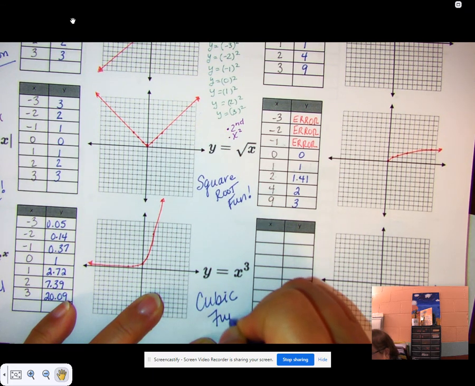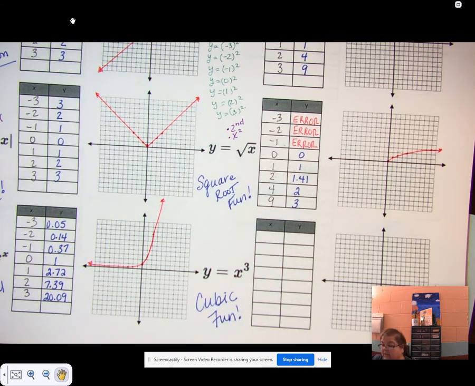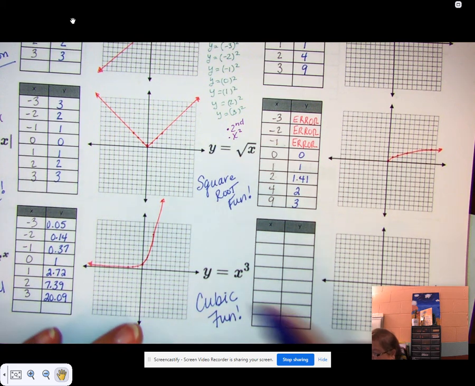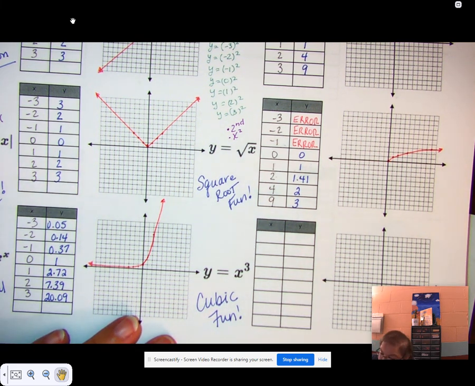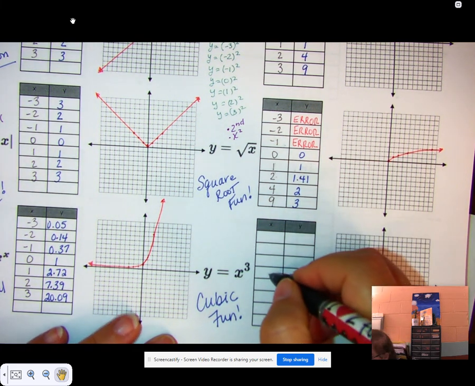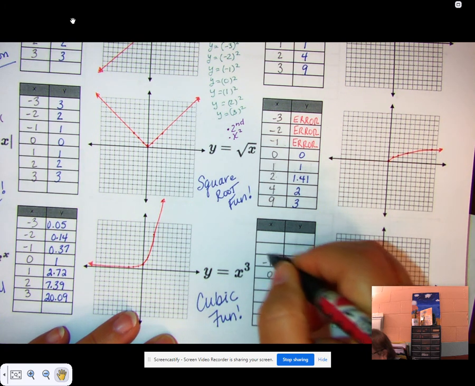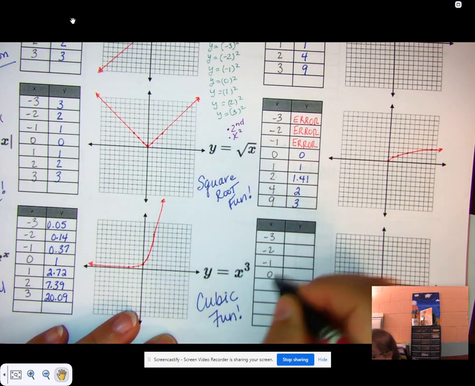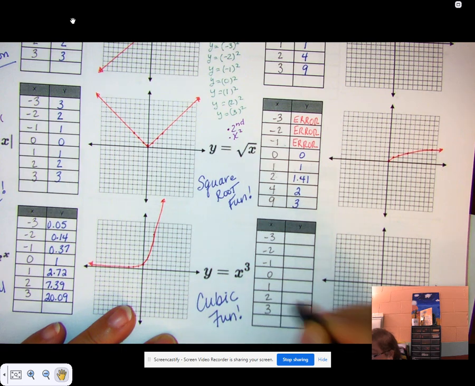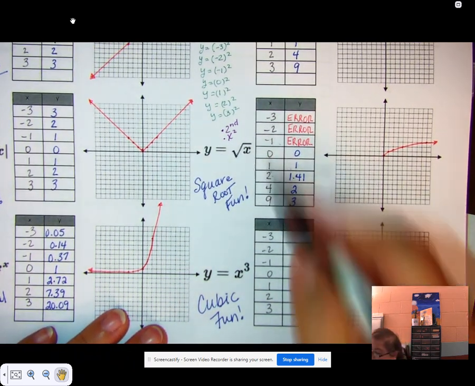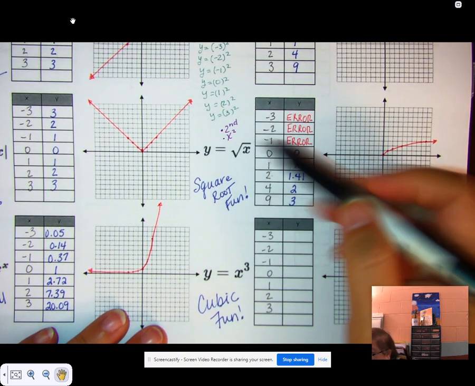So this is cubic function. Okay? This is cubic function. So again, we use that same domain. -1, -2, -3. 1, 2, 3. The only one that doesn't follow this pattern is our square root, right?